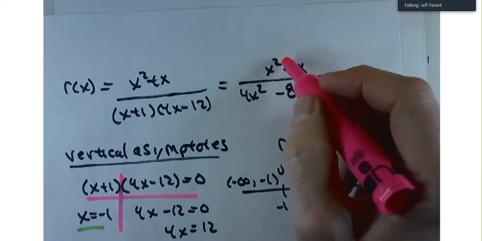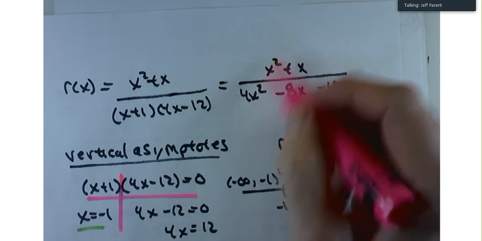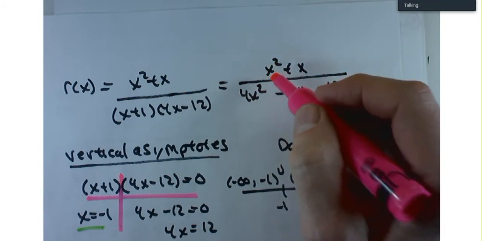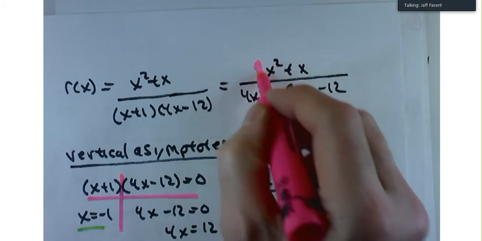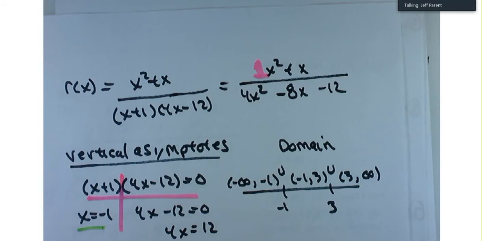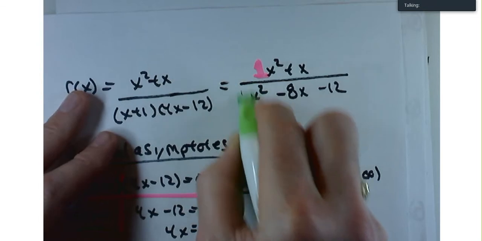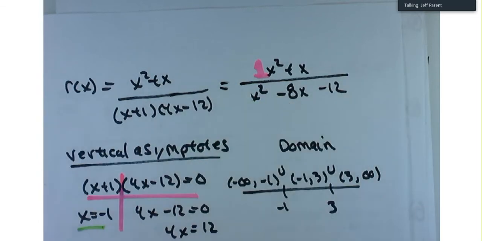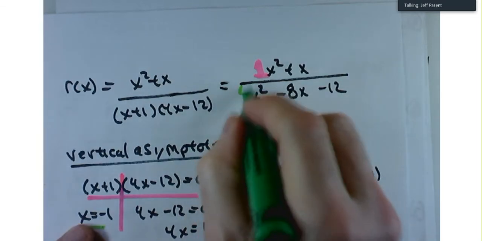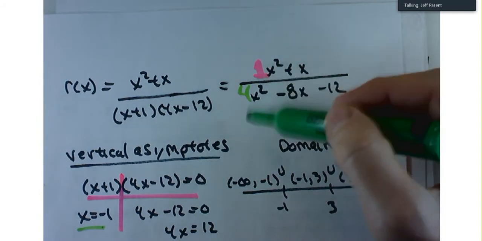I guess the other key thing to see is that the degrees here match, right? They're the same. Let's just put a 1 there for our convenience. And I'll do this one in color as well. I'll put a 4 here. So a 1 and a 4.